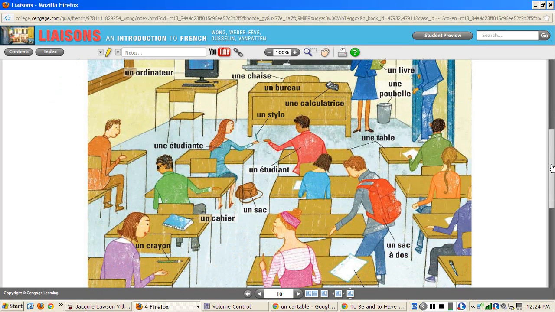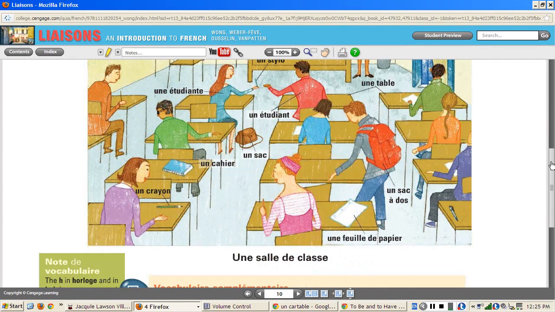Une étudiante, un étudiant, un sac, une table. So un bureau is a desk. Une table is a table. You see here a student with a backpack. Un sac à dos. And is there anything else? Voilà. You have un cahier here, and then une feuille de papier là.